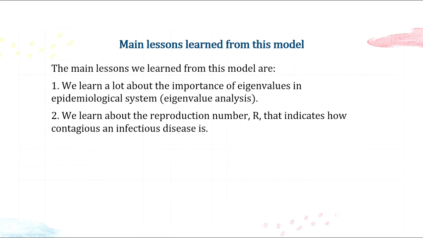As we see from the previous section 3, we calculated the reproduction number, and we obtained that it is greater than 1, so it gives us a criterion for an outbreak.